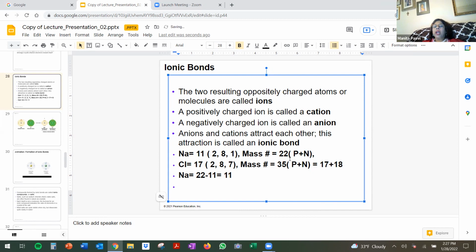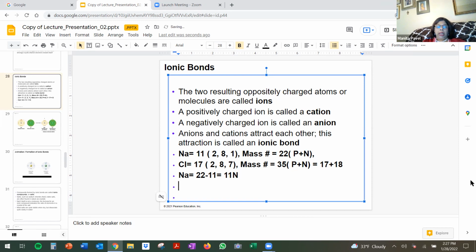Why? Because atomic number is 17, mass number is 35. 35 minus 17 would be, what does 18 refer to now? 18 would be the neutron number. So sodium will have 11 neutrons.